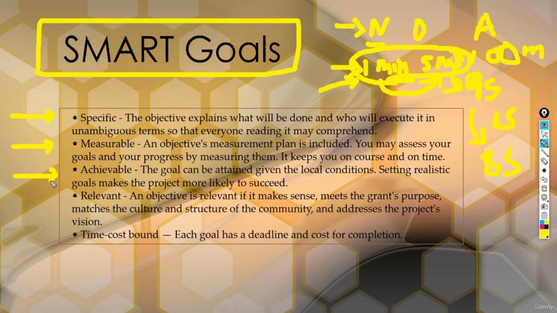The third one is the goal should be achievable, right? The goal can be attained given the local conditions. Setting realistic goals makes the project more likely to succeed. So as I already said, if a particular SQL is expected to run in 1 minute, that is an achievable goal.